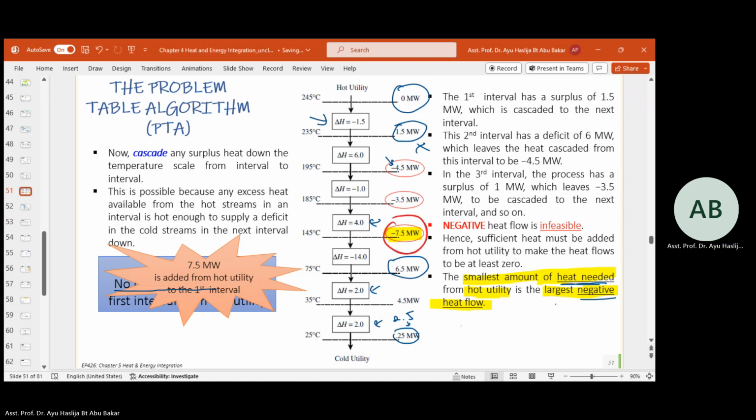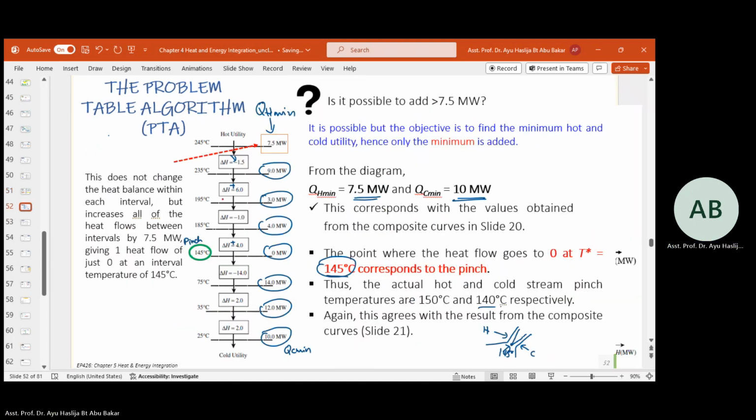Taking that value, proceed to the second cascade, where you should find until you get 0 megawatt. Where this 0 megawatt describes the pinch point. At 0 megawatt over here, this is your pinch point.